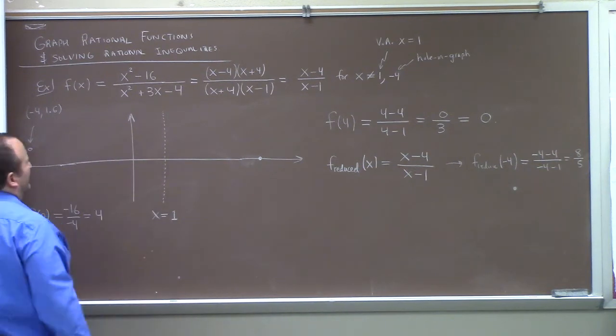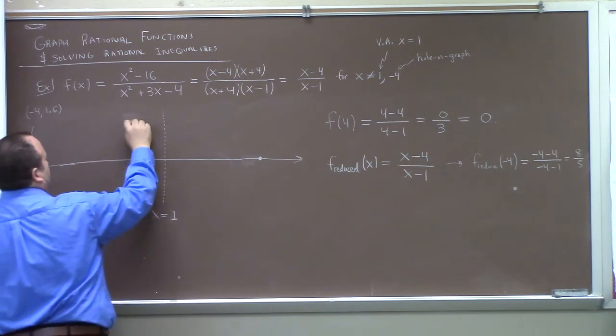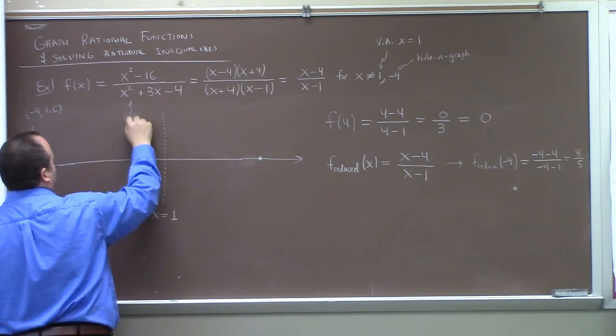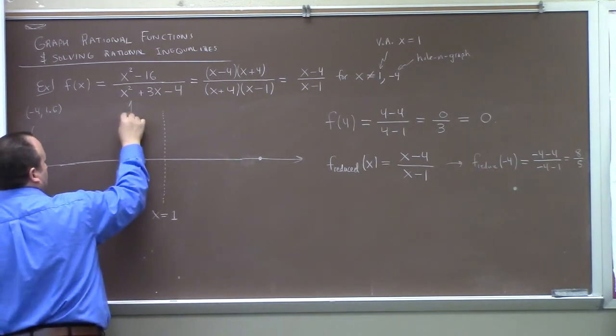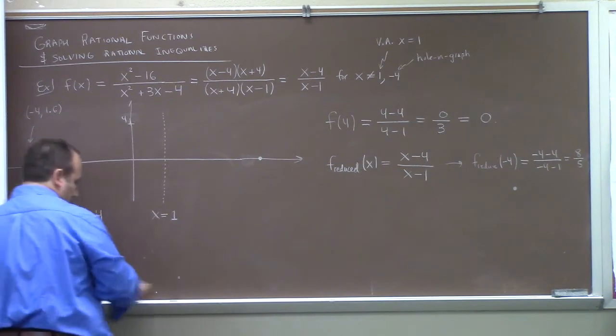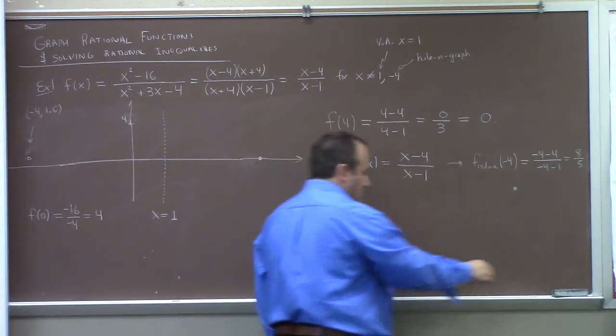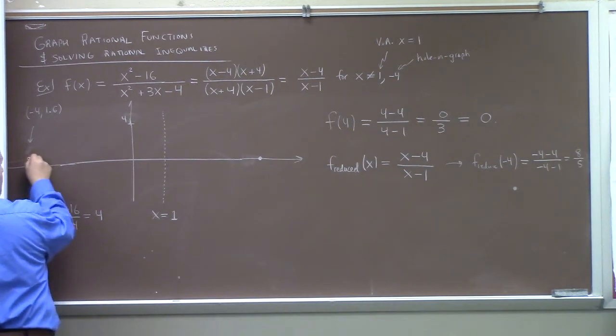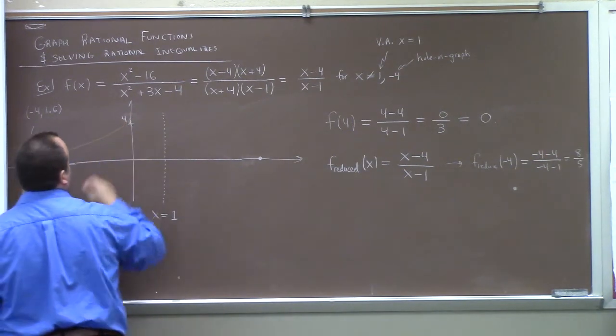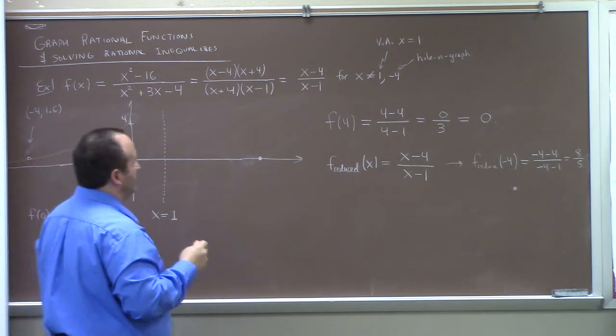4, oh man, 4's up here. Okay, so here is 4. So apparently we've got something like, oh, wait a minute, do we have that? I'm assuming it goes to 0. Does this go to 0?